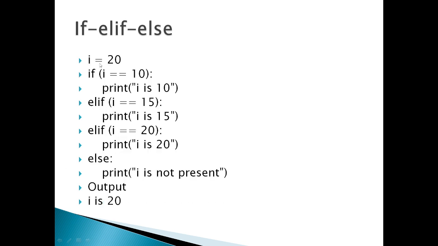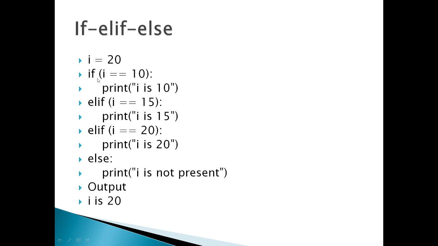Next is if-elif-else. In various languages we use nested if-else; instead of this, Python uses elif. We have variable i with value 20. If i is double equal to 10, अगर 20, 10 के equal है, we are comparing the values, then print i is 10.